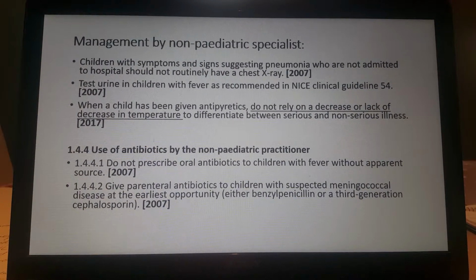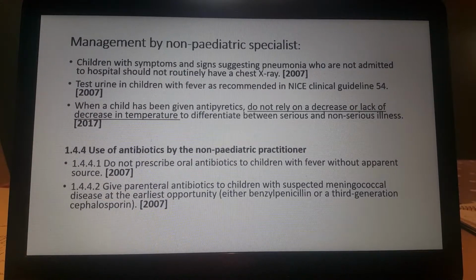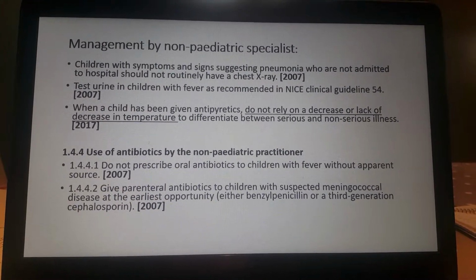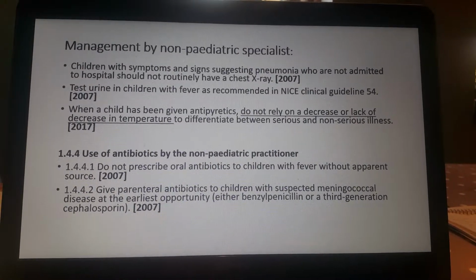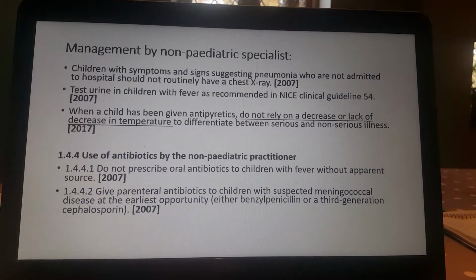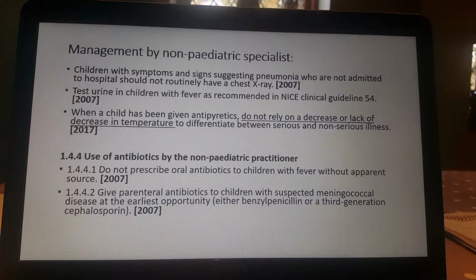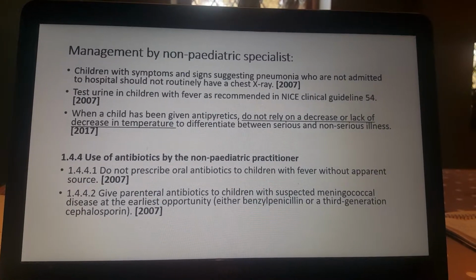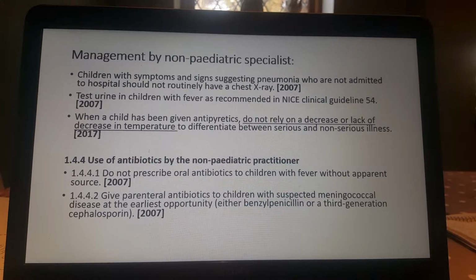So looking at some of the recommendations for management by the non-paediatric specialists, they reviewed the evidence for chest x-ray use routinely in children with pneumonia, and those with signs and symptoms of pneumonia who are not admitted to hospital should not routinely have a chest x-ray. And this was through looking at a systematic review of chest x-rays in children, including a randomized controlled trial.